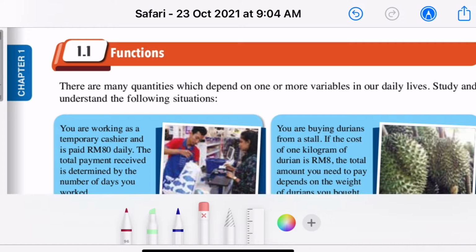Reading the textbook, revision for SPM exam. 1.1, Function.